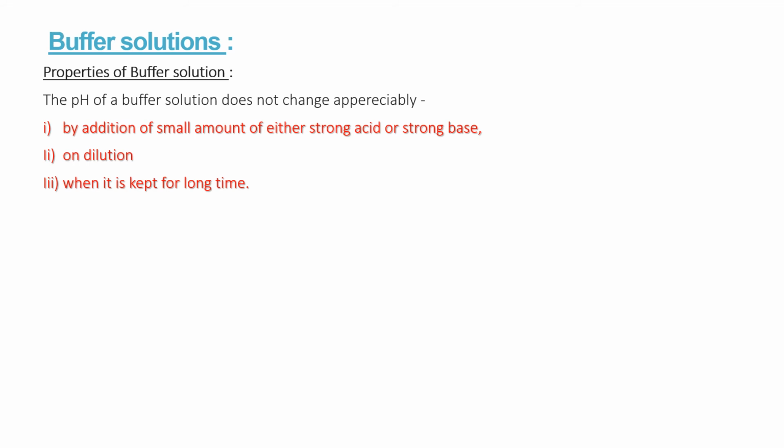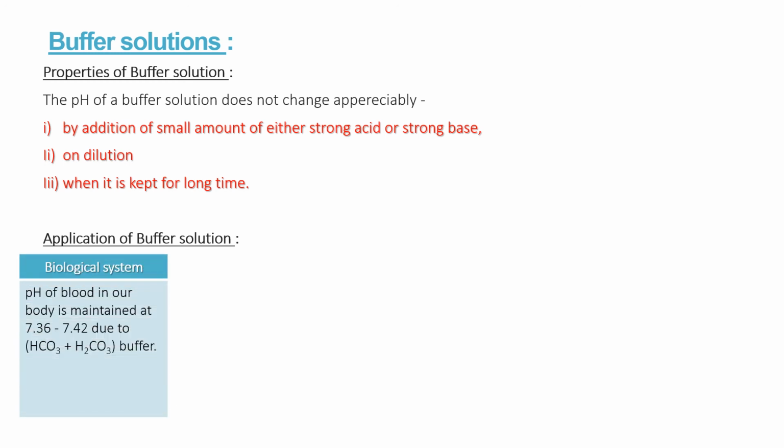This is the first property: the pH of your buffer solution isn't affected by addition of a small amount of either acid or base. Next, if you increase the dilution, still you can't change the pH of your buffer solution. Or if you keep your buffer solution for a long time, still the pH of the buffer solution can't change.